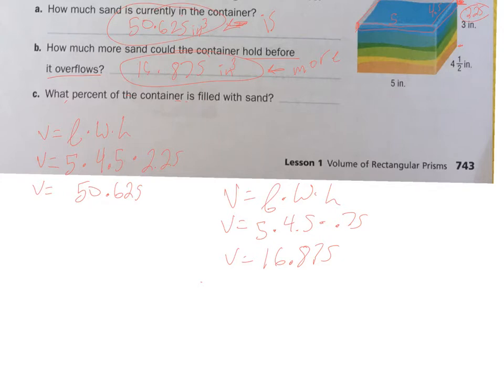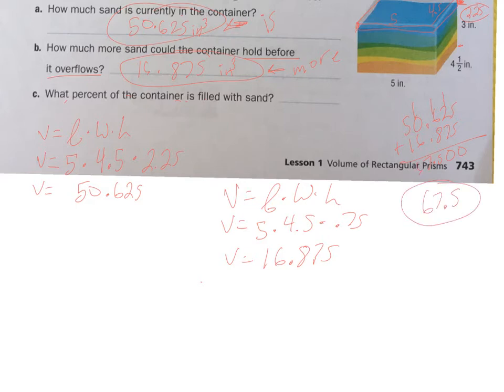So I want to know how much could go in the whole container. So the whole container could be 50.625 plus 16.875. And if I add those up, that's a 0, 7, 2 is 9, another 10, 14, 15, drop my decimal, that's 7, that's 6, 67.5.